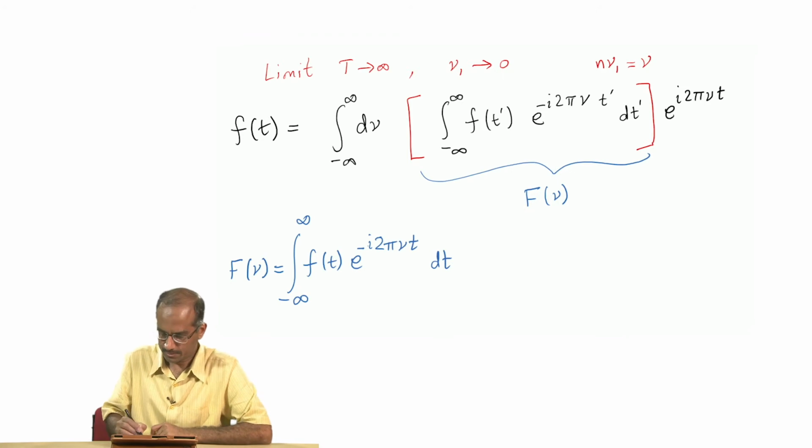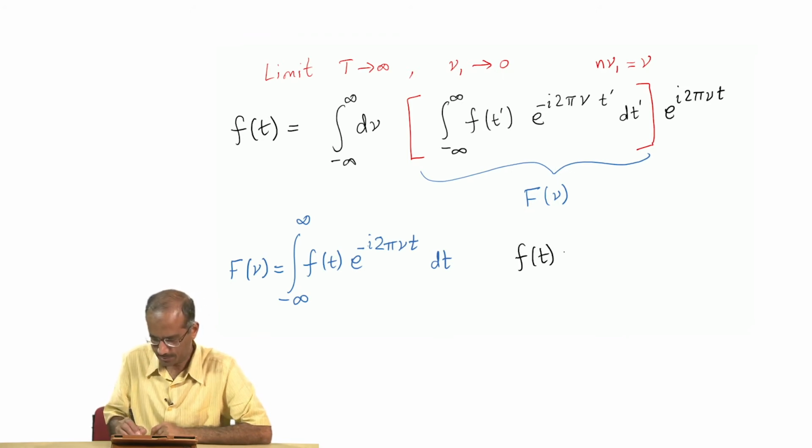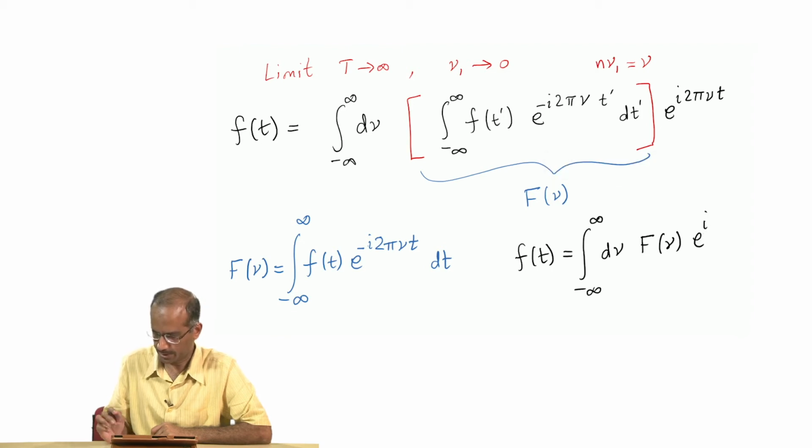In this case, small f of t can be written as follows. That would be the integral from minus infinity to plus infinity of F of nu times the exponential.